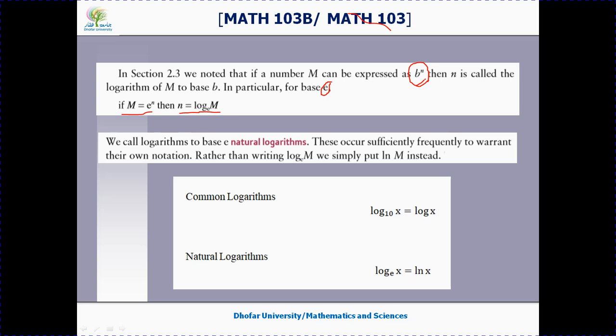So what is the big deal? Why do you want to replace b by e? Actually, the logarithm which has base e is called natural logarithm. We know that the logarithm that has base 10, we call common logarithm. So when we have a logarithm which has a base e, we call it natural logarithm. Now this occurs sufficiently frequently to warrant its own notation.